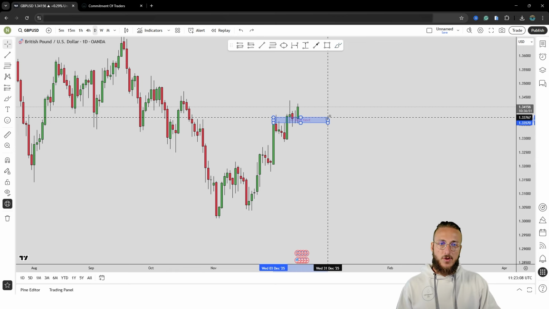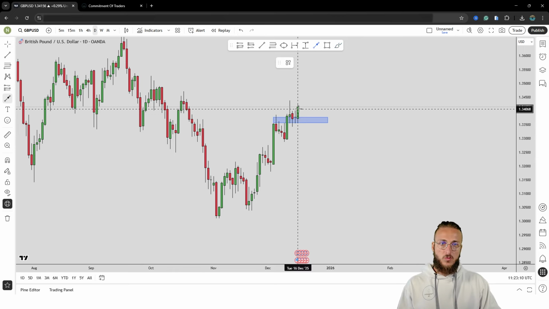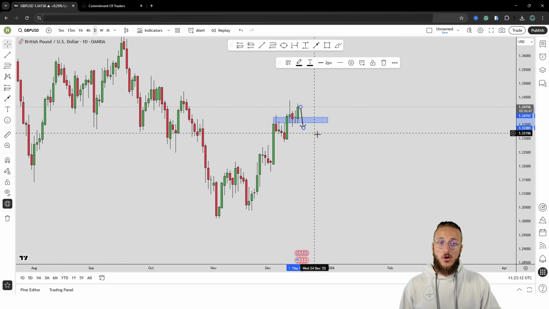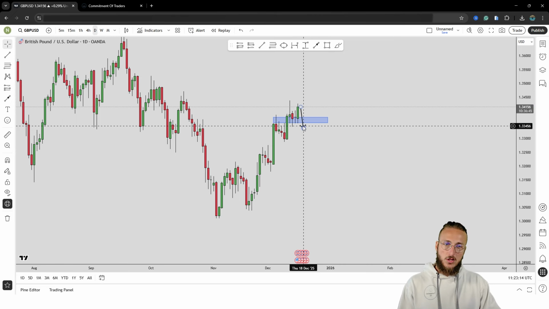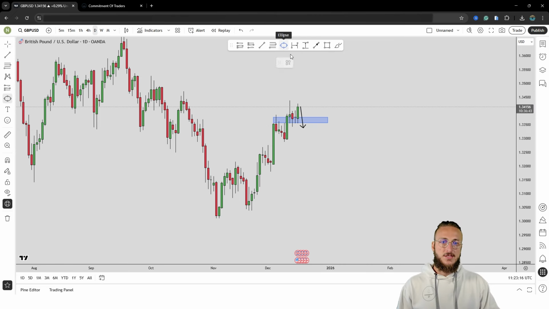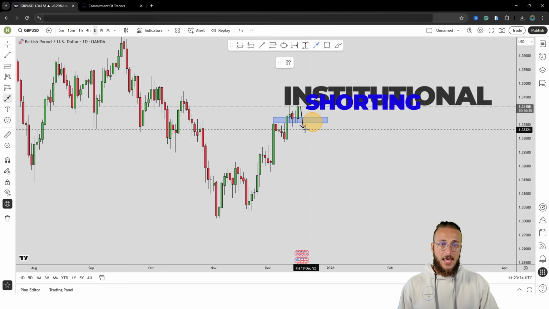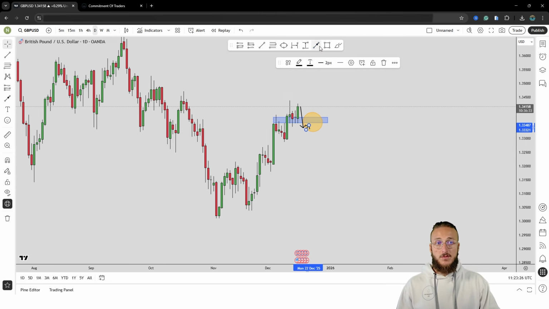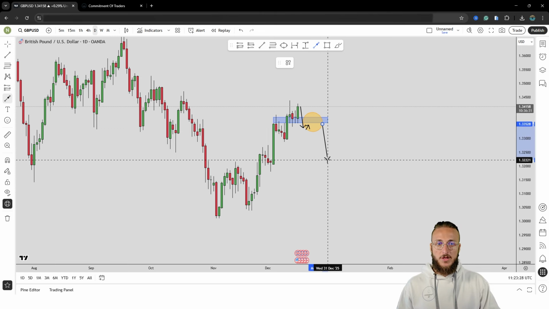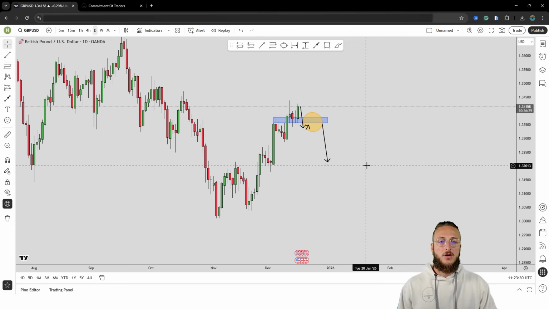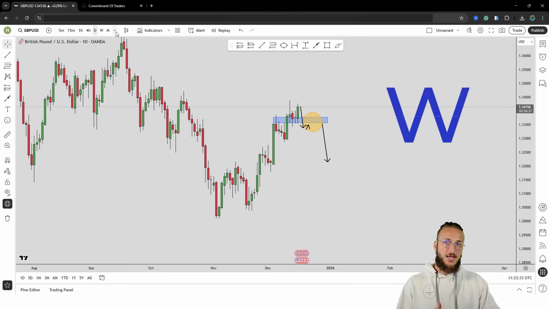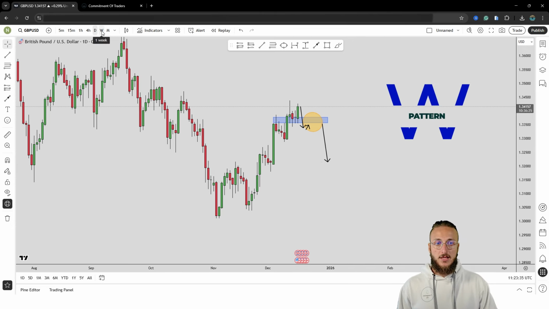However, if the market breaks below this zone, so a daily close below the area, that is where things get very interesting, because at that point, there is an increased probability of seeing even more institutional shorting after the structure breaks. And at that point, there would be a very high probability to see the completion of that W formation that we were speaking about on the weekly time frame.